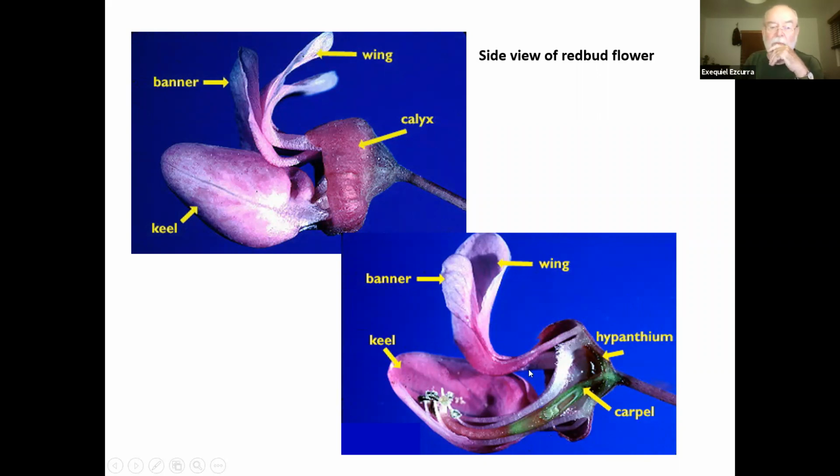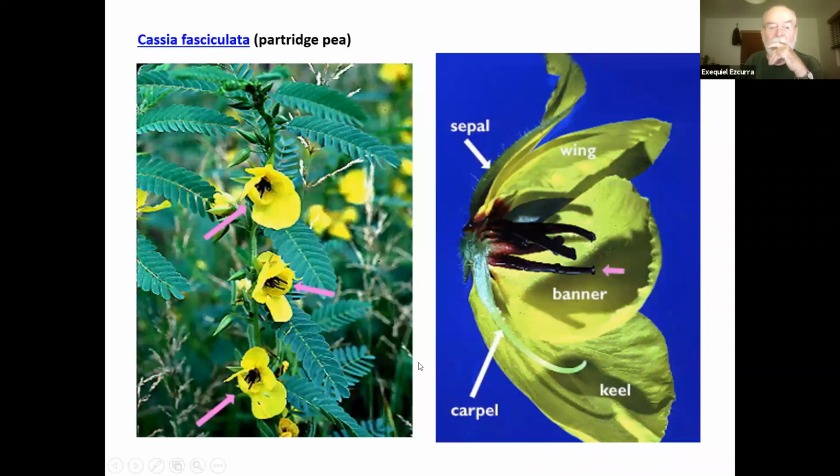The redbud is one of the most zygomorphic within the subfamily. It has a banner petal, but the wing is larger than the banner petal. And the keel here below is actually not completely fused.